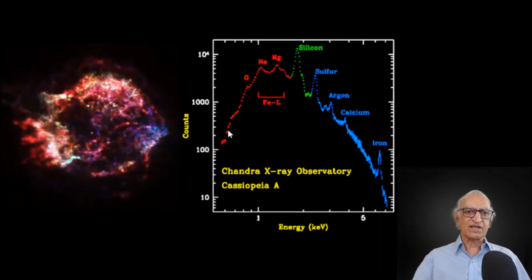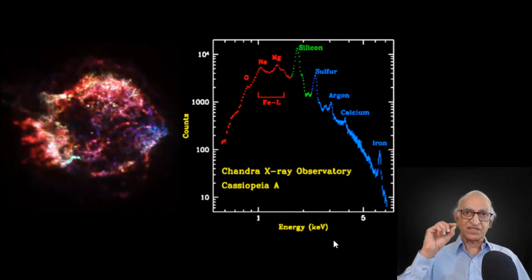What you see here is the X-ray spectrum, intensity on the y-axis and energy or wavelength on the x-axis. And what you see are the various emission lines. You see oxygen, neon, magnesium, silicon, sulfur, argon, calcium, and of course the famous iron at 6.4 kilo electron volts.